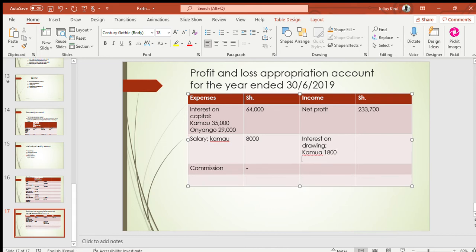And then the next one is Onyango. 1,200. Total 3,000, is it?